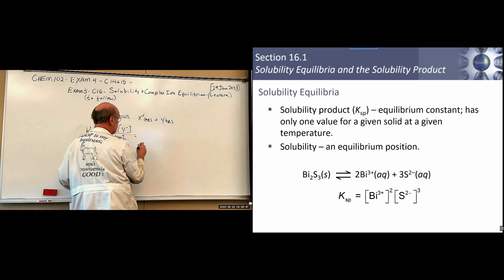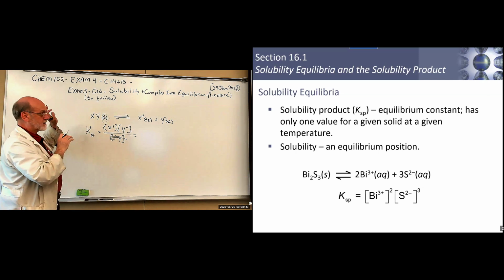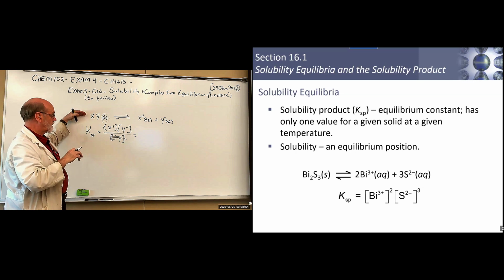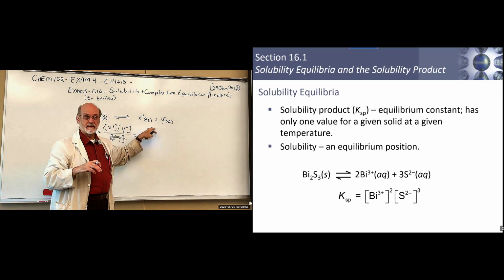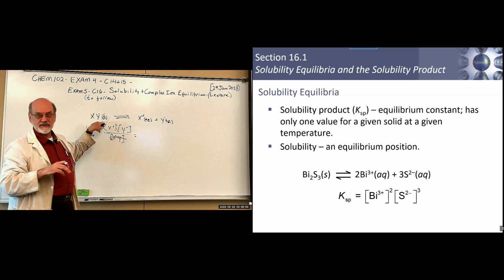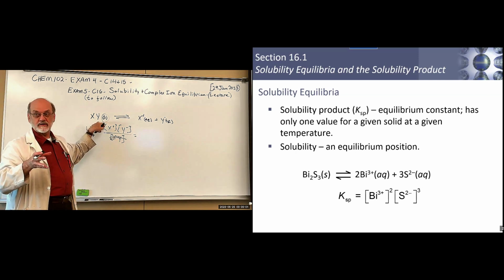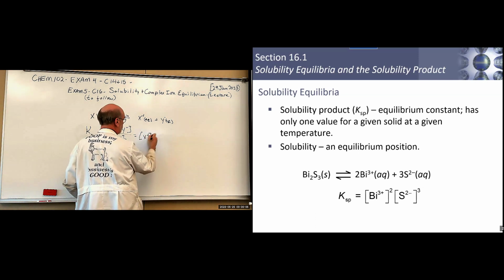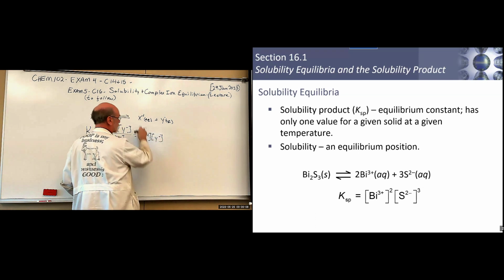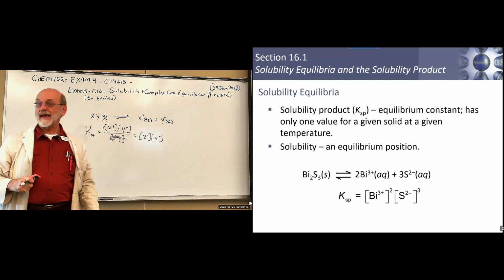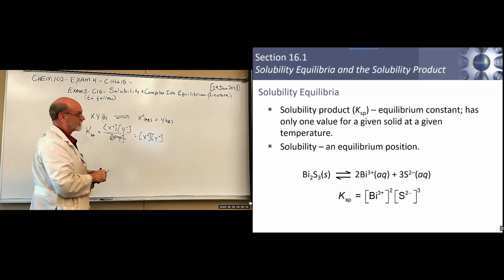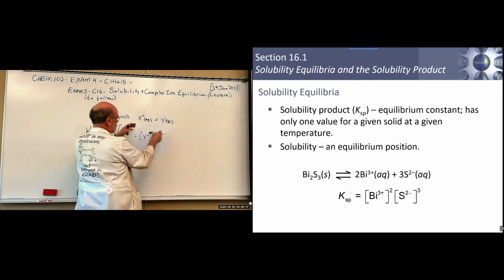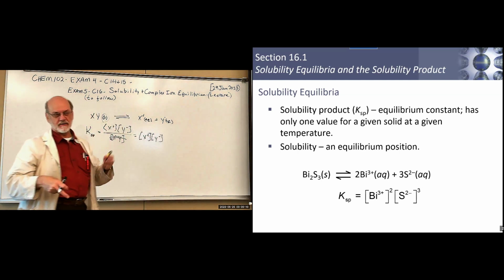That means for every solubility expression of equilibrium, we only have the product side, because these are always solids and they don't enter into the calculation. That's why it's called solubility product, because it's the product of concentrations of the cation and anion in solution. And of course, if there are any coefficients, then they go in as powers.